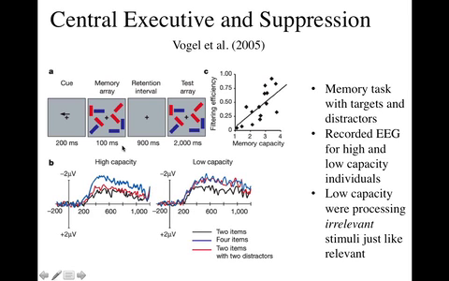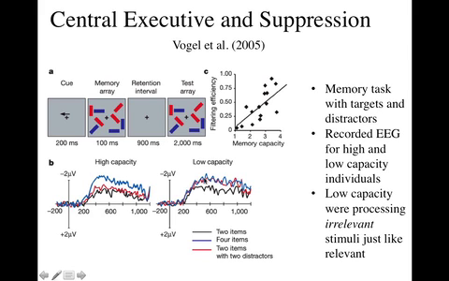What they did was compare people who were previously shown in short-term memory tests to have a high capacity or lower capacity. What they found is that for the high capacity individuals, when there were 4 items on the screen, their short-term memory was working hard. When there were 2 items on the screen, but then also 2 distractors, their brain didn't work as hard because they were able to filter out those 2 distractors and not recall them in short-term memory.